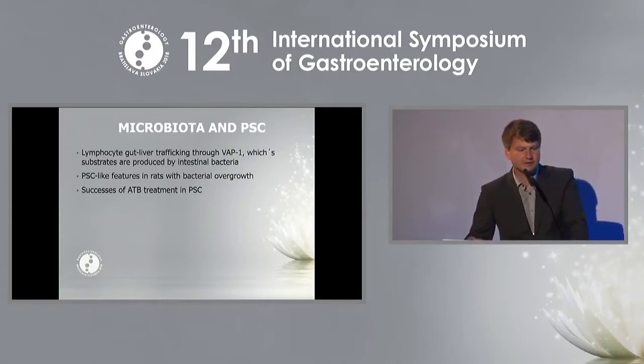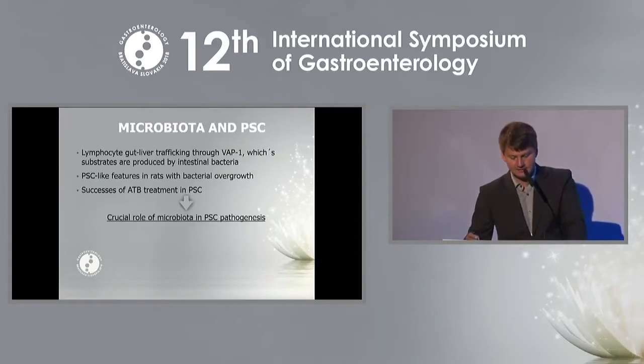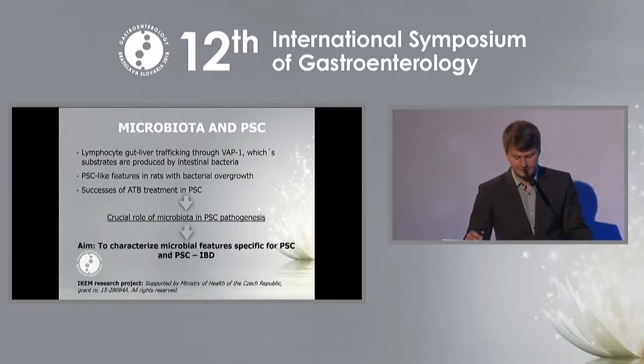They developed something resembling PSC, and there has previously been successful antibiotic treatment in PSC. So therefore, we thought that there should be a crucial role of microbiota in PSC pathogenesis.